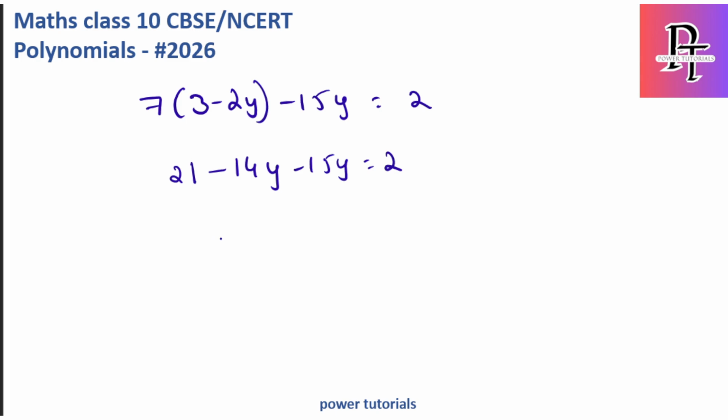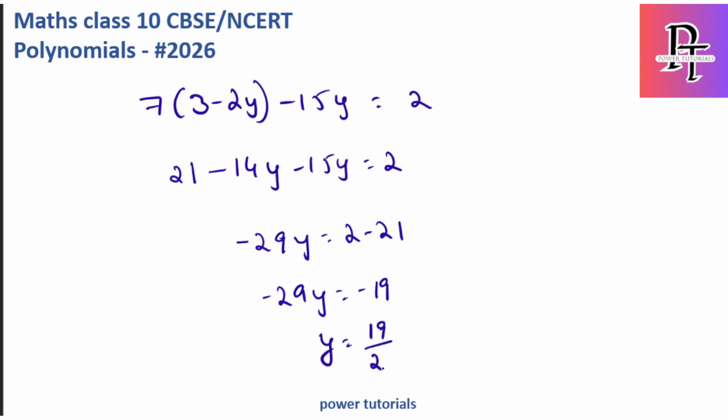If I move 21 to the other side, it becomes minus 29y is equal to 2 minus 21. So minus 29y is equal to minus 19. So the y value I got is 19 by 29.